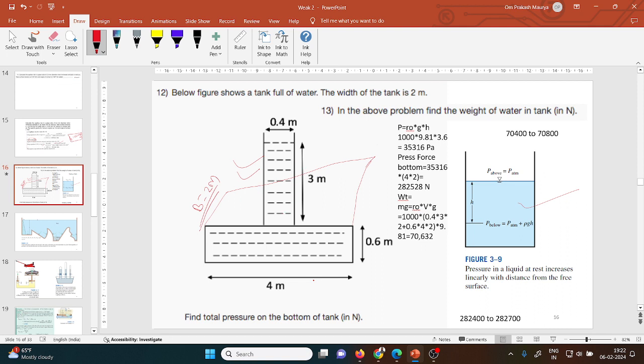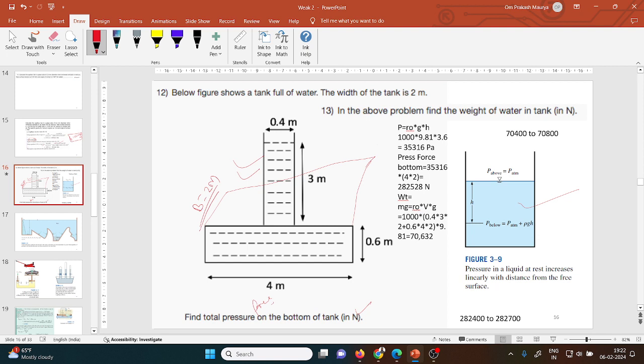In question 12, you need to calculate the total pressure force, because we are looking in Newton. So this is also a very important question.